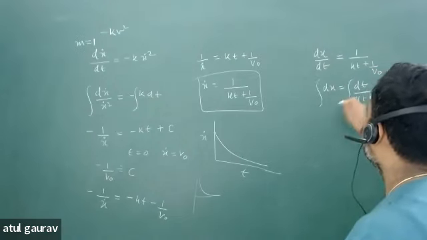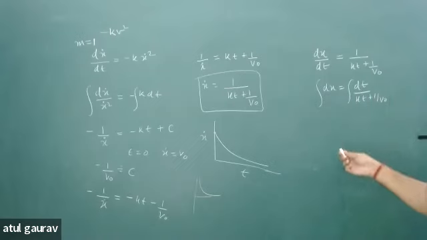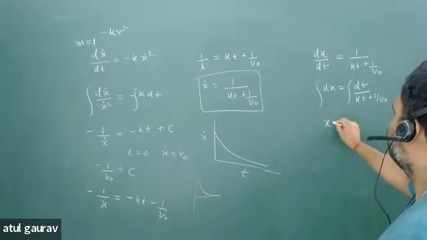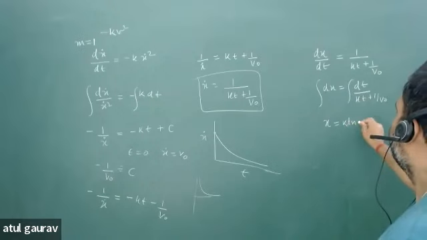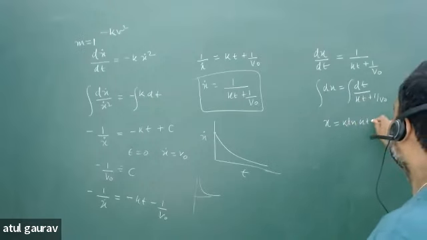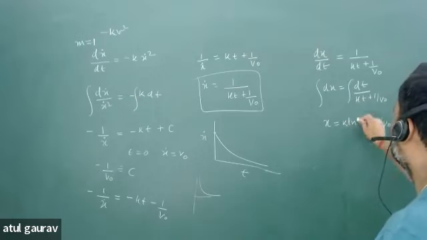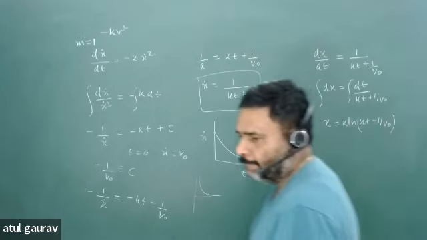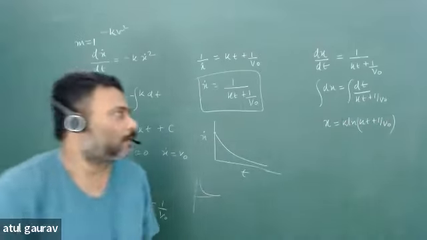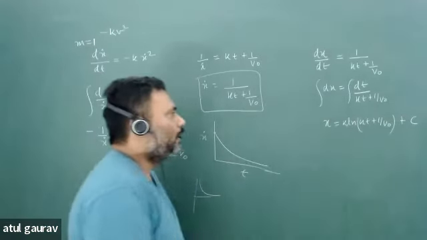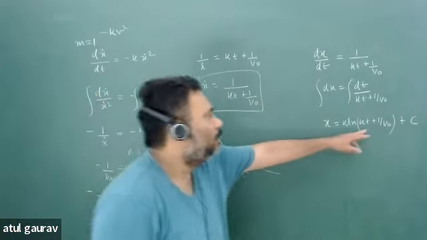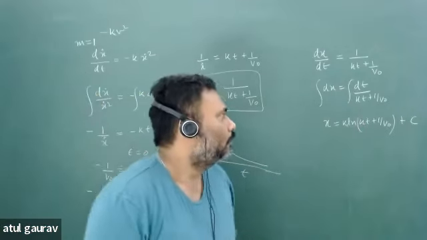We can integrate it. So what will be the integration? This integration is x, and what is this value? (1/k) ln(kt plus 1 upon v naught), isn't it? Plus some constant c. So we can assume at t is equal to 0, x is equal to 0 also.